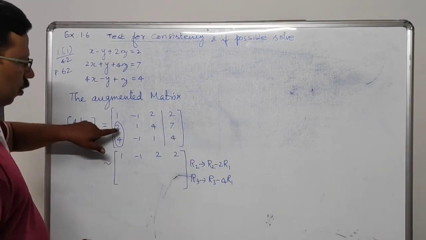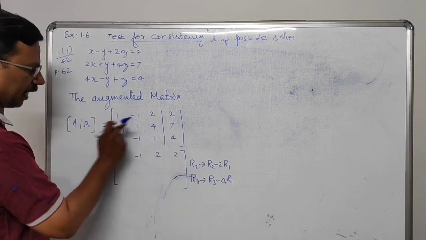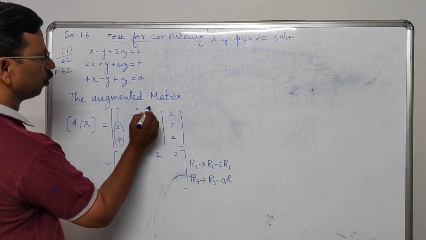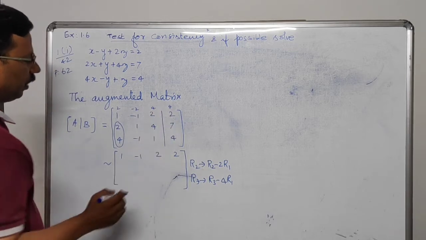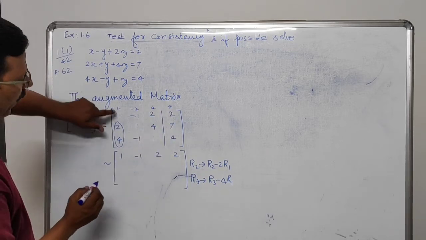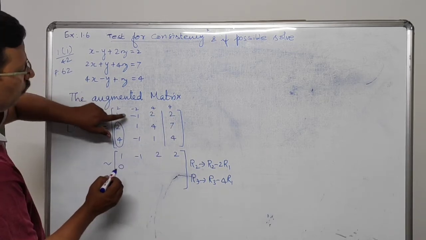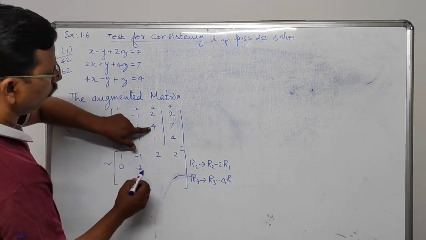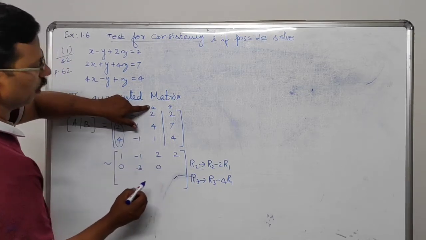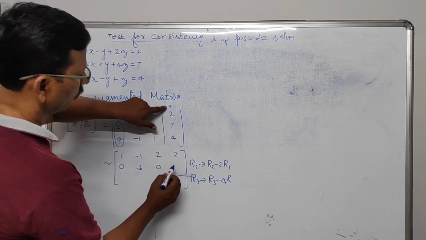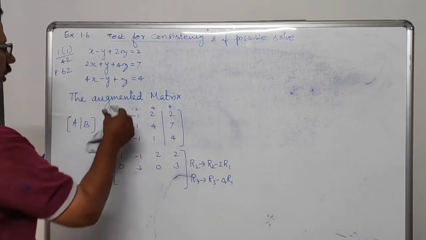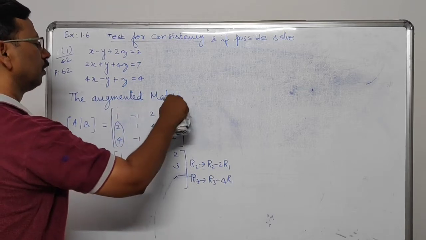First you can take a rough work, or else you can multiply the first row by 2. That is 2, this is minus 2, this is 4, this is 4. Then you subtract. 2 minus 2 gives 0. 1 plus 2 gives 3. 4 minus 4 gives 0. Then 7 minus 4 gives 3. Then we do the next row.